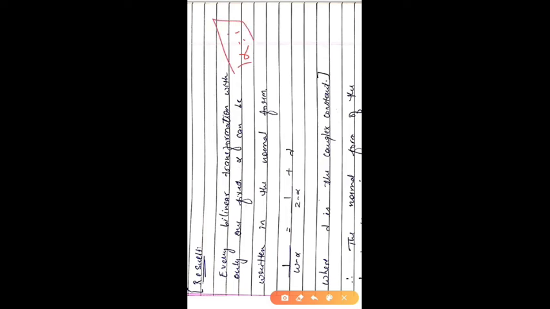Now for one fixed point we have a result. Every bilinear transformation with only one fixed point alpha can be written in the normal form as 1 upon (w minus alpha) equal to 1 upon (z minus alpha) plus lambda. Okay, so this is the equation for only one fixed point, right?